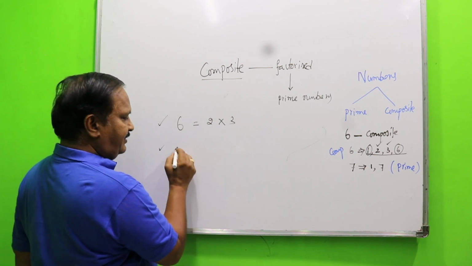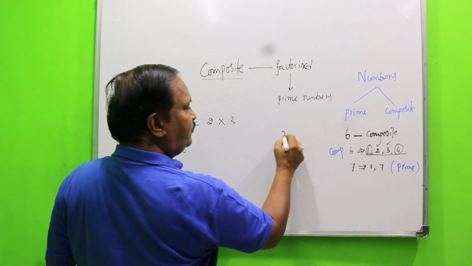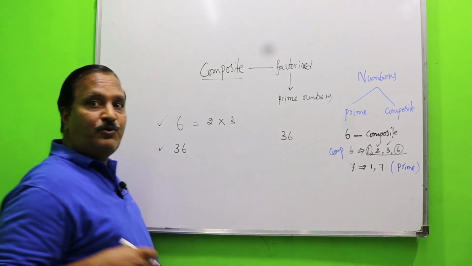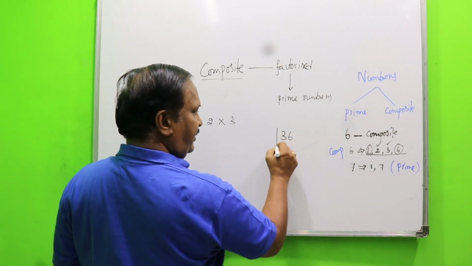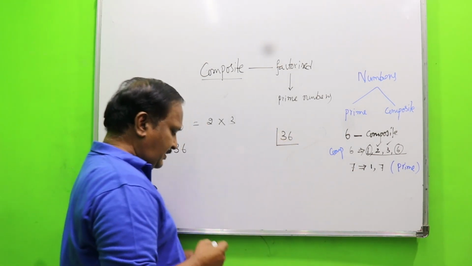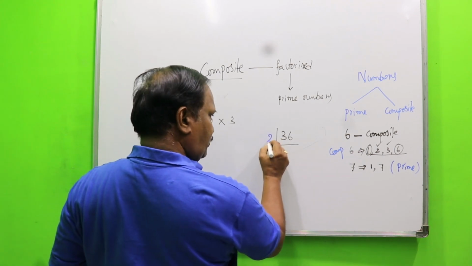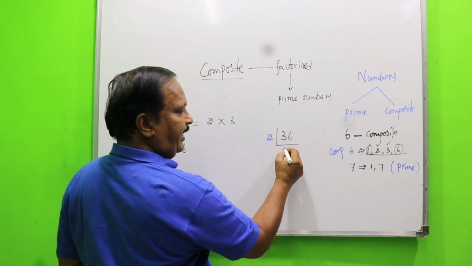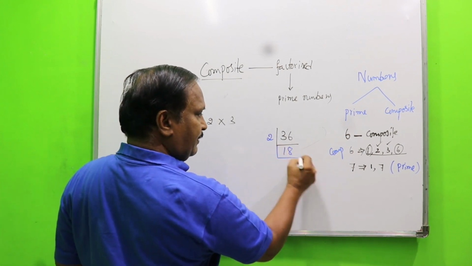Let us take a bigger example, 36. How to express 36 as a product of prime factors? You divide 36 by a prime number, starting with 2. 2 18s are 36. Again 2 is one prime factor.